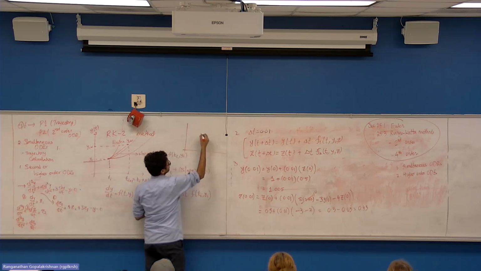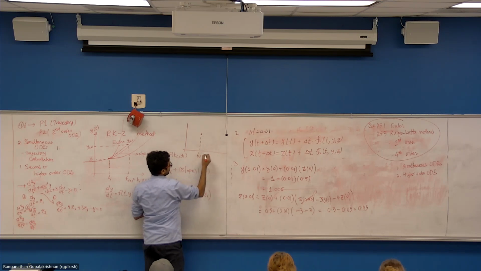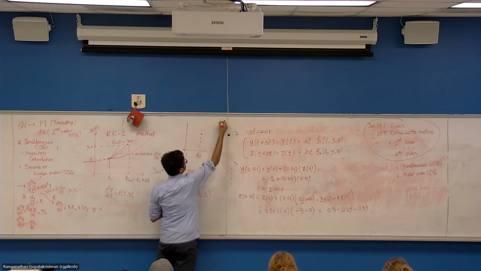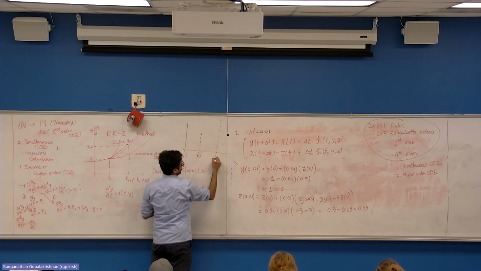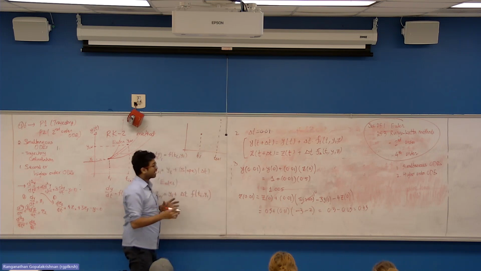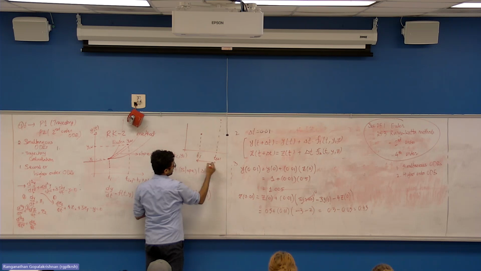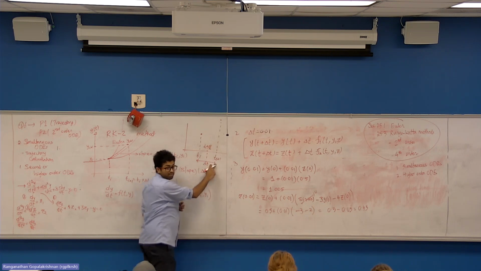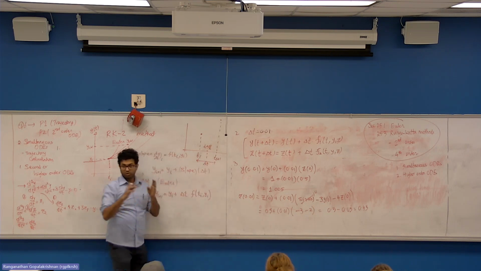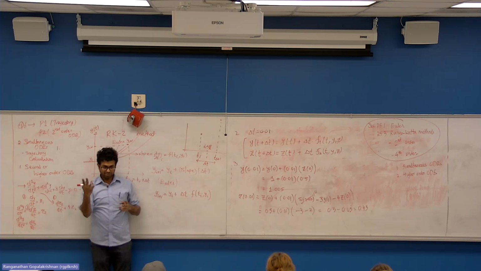So here is ti, here is ti plus 1. What RK method does is it takes this entire interval delta t and divides it into two halves. So this is ti plus delta t over 2, and then this is ti plus delta t. So it splits that interval into two segments.